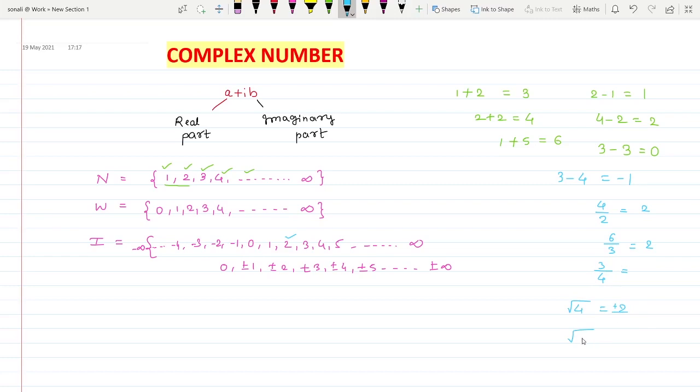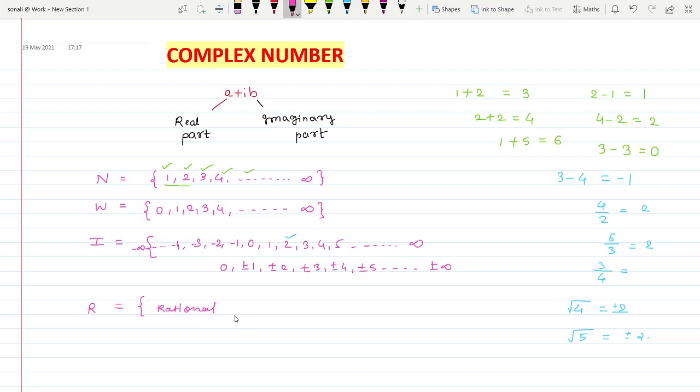And if I want to find root 5, we don't have any complete square here, so it may be something like 2 point something, plus minus. So this is your irrational number. So the set of real numbers is nothing but a combination of the set of rational and irrational numbers. Okay, there comes your fractional also.